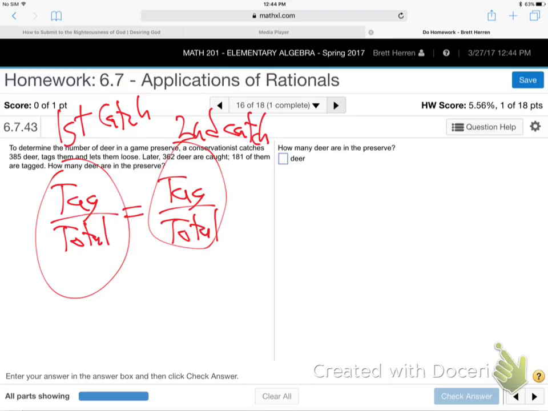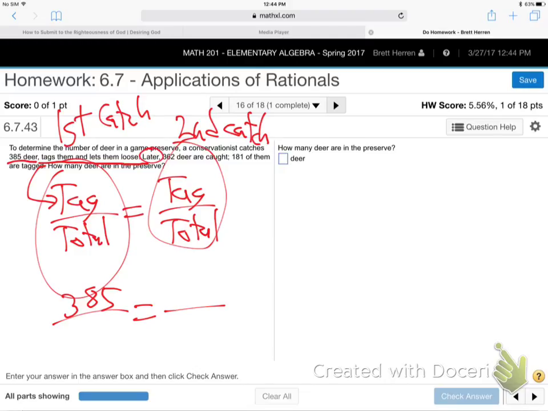Determine the number of deer in a game preserve. The conservationist catches 385, tags them, and lets them loose. Catch, tag, and release. So that goes right there, doesn't it? That's 385. That's the tag number in the first catch. Good so far? Later means what? Second catch.